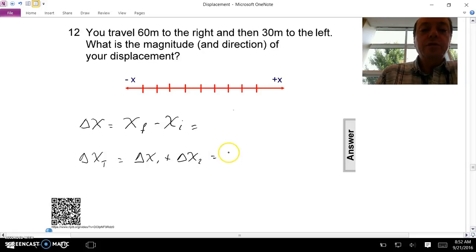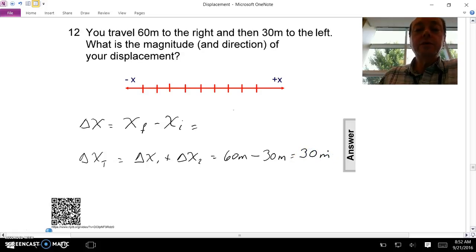The first displacement is 60 meters to the right, so that's going to be positive. And my second displacement is negative because it goes to the left. And I wind up with a total displacement of 30 meters, which is 30 meters to the right of where I started.